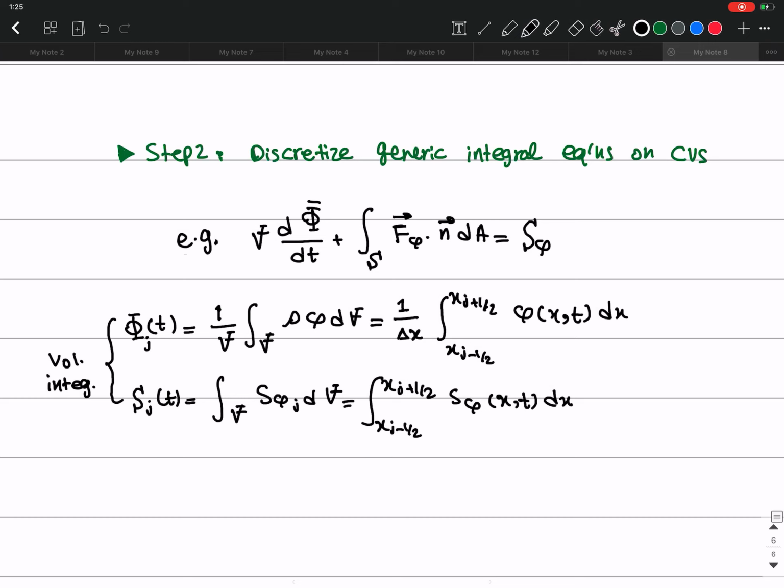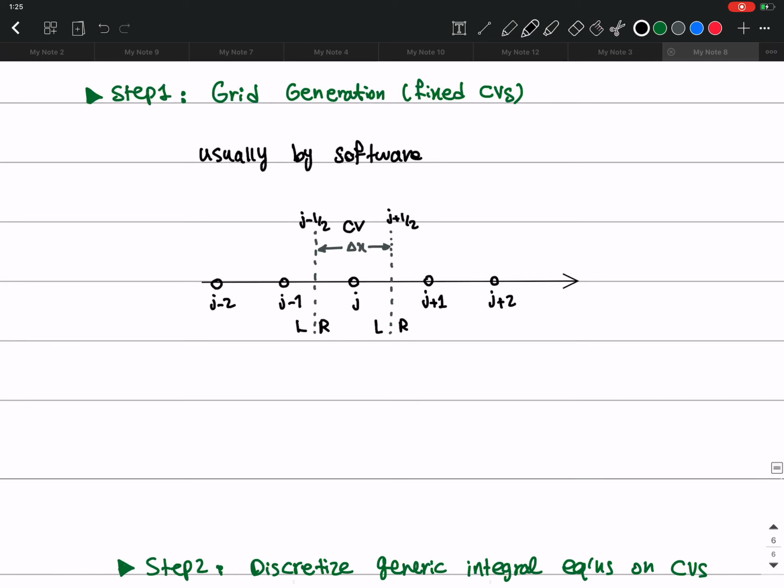And then the remaining one is this term, which is a surface integral. So let's evaluate that. The integral over the surface of f phi dot n dA equals the flux. If we say we have the flux that goes out here minus the flux that comes in from here, it shows how much flux in total we have inside this control volume.